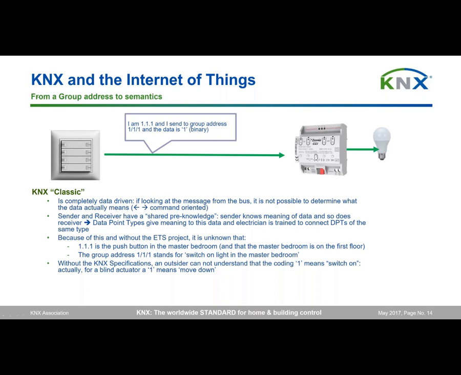So the data point type switching of a sender and the DPT switching from this actuator, the electrical installer will connect these two functions together because he knows that these two functions are compatible.